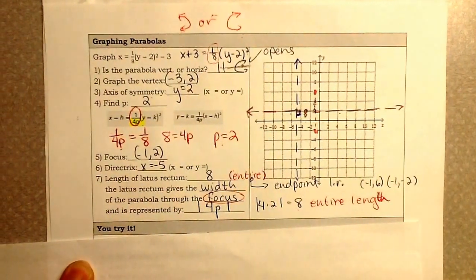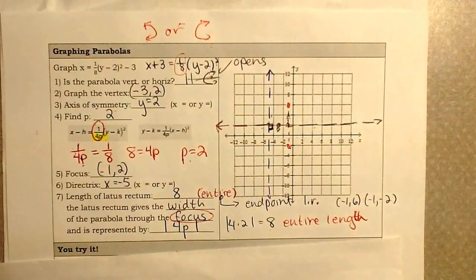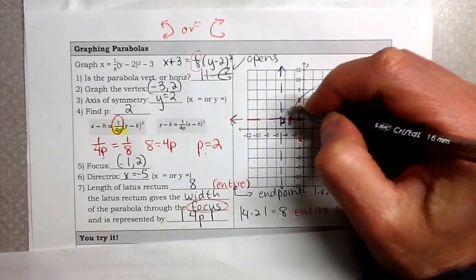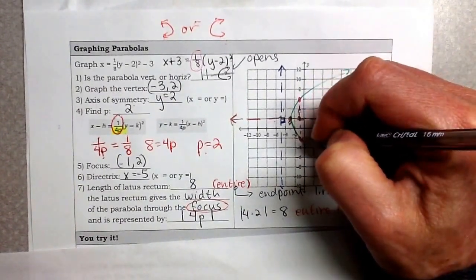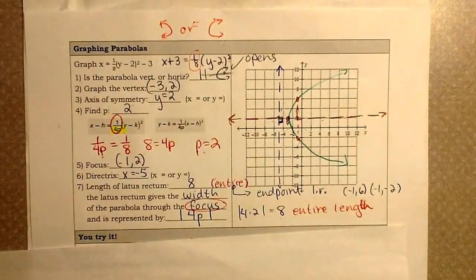Okay, now we know how wide that's going to open, so all we need to do is go through the vertex and then through the endpoints of the latus rectum, and that's going to give us a more accurate idea of how wide that parabola is going to go. Okay, now you have a triage to do.